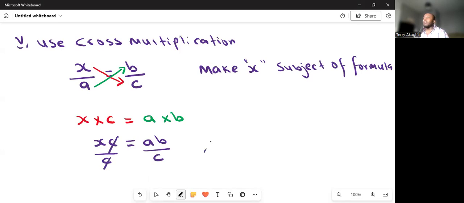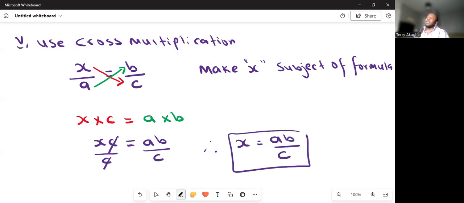So therefore, we're now going to have x equal to ab over c. The concept of cross multiplying is just that you must have an equal sign, and it's one of the skills that you need to know. So that is a quick introduction of some of the things you need to know.